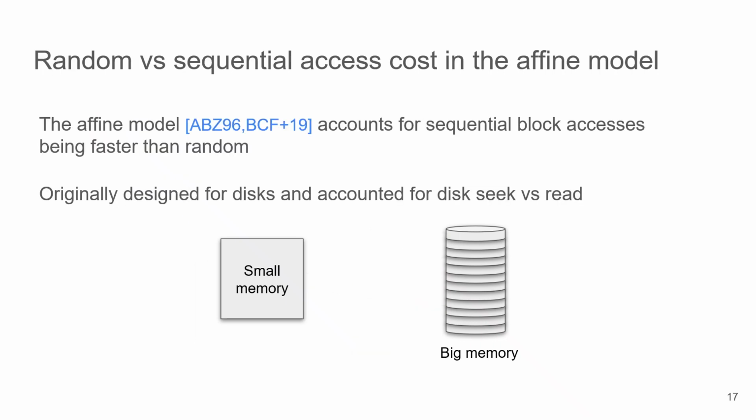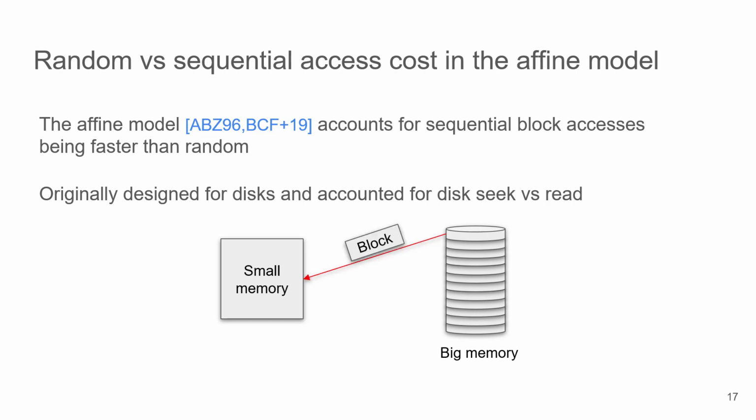However, a more recent model, the affine model, attempts to account for sequential block accesses being faster than random. You can think of this like old spinning disks. When you want to read something off the disk, you first need to perform a disk seek, find where on the disk you need, and then read it off. So if you then read 2 things sequentially, you only need to perform the seek once.